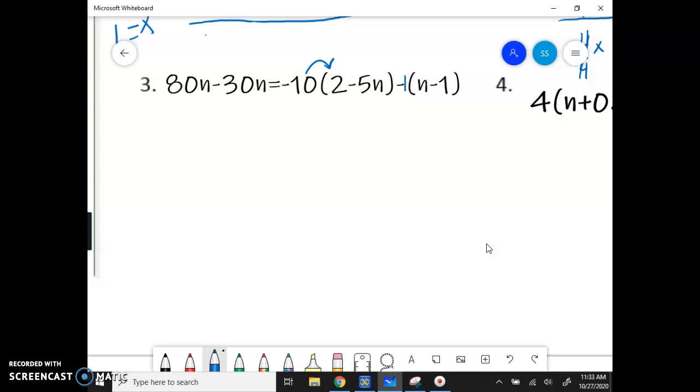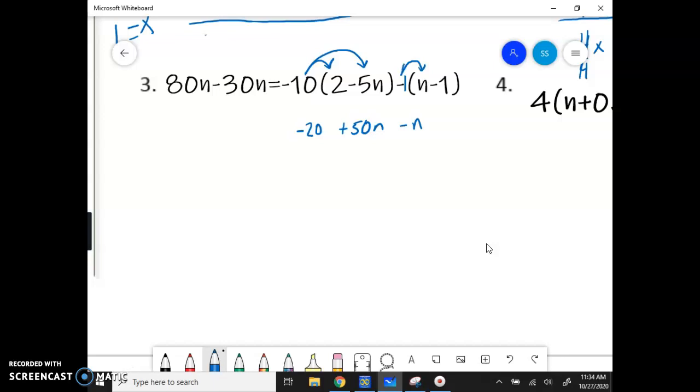So -10 times +2, that's -20. Then do the second distribution, that is -10 times -5n, it's +50n. And now let's do the second set over here. We're going to distribute this -1. -1 times +1n is just going to make this a -1n, or we can just write -n.